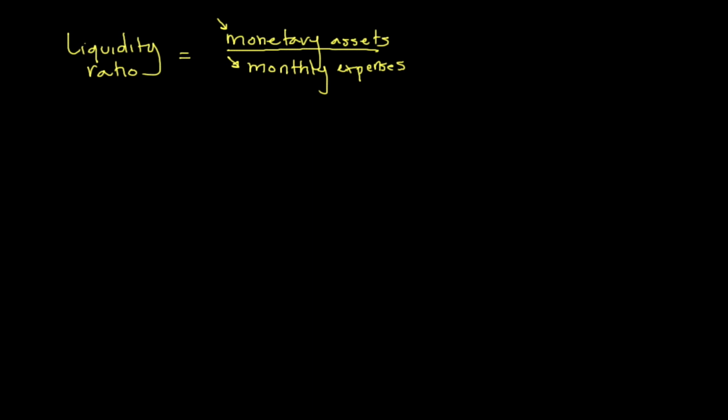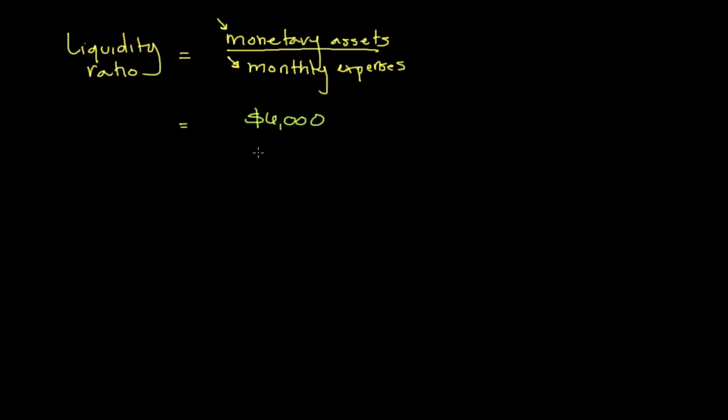I'm going to keep this example fairly simple just for calculation purposes, and we're going to assume that we have $6,000 in monetary assets. That can be cash on hand, checking accounts, savings accounts, as long as it's liquid and we can get access to it really quickly. If it's in the stock market, it's inherently illiquid because although you can certainly liquidate your brokerage account, you might be forced to take a loss, and that might not be something you're willing to do.